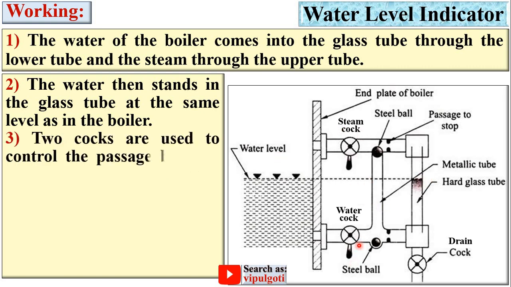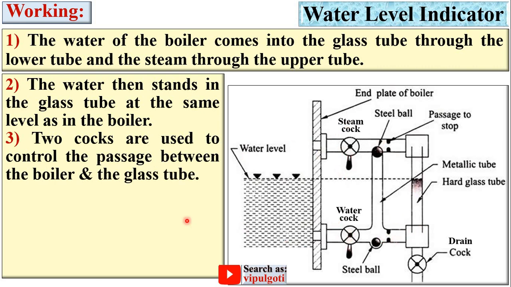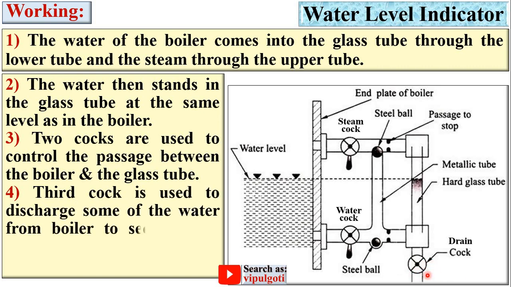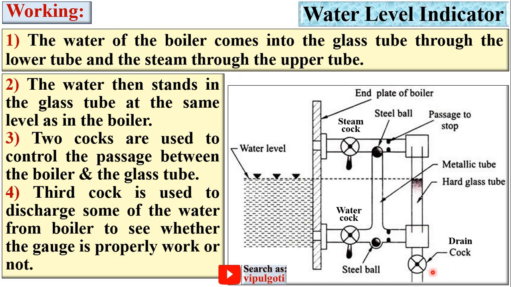Two cocks are used to control the passage between the boiler and the glass tube. The third cock is used to discharge some of the water from the boiler to see whether the gauge is working properly or not.